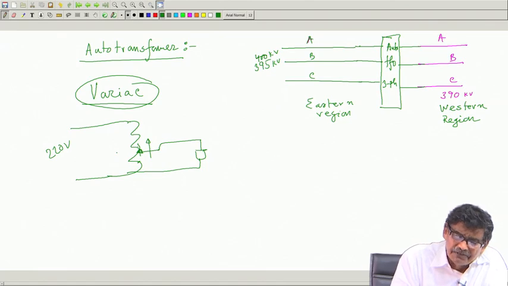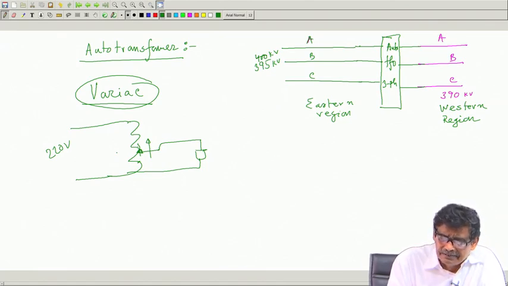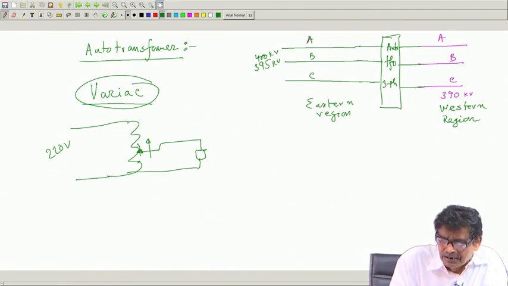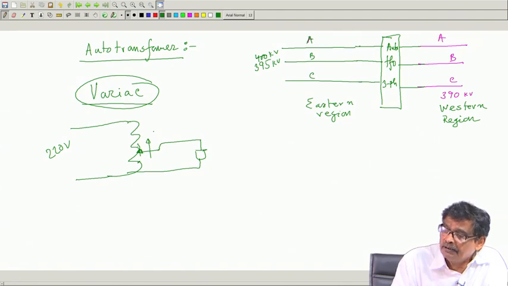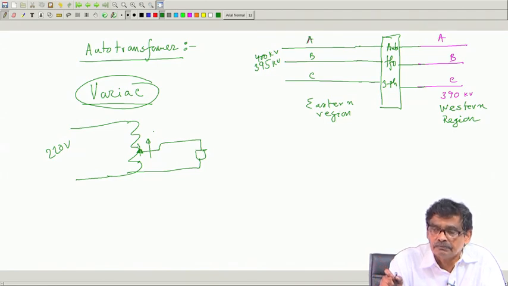That is why you will find a variac is too heavy. There is no saving. Its kVA rating is known, the maximum current it can draw and so on. This point I must bring out to you, so that you distinguish between a variac and a dedicated auto transformer like this, where it will be used with a fixed tapping.